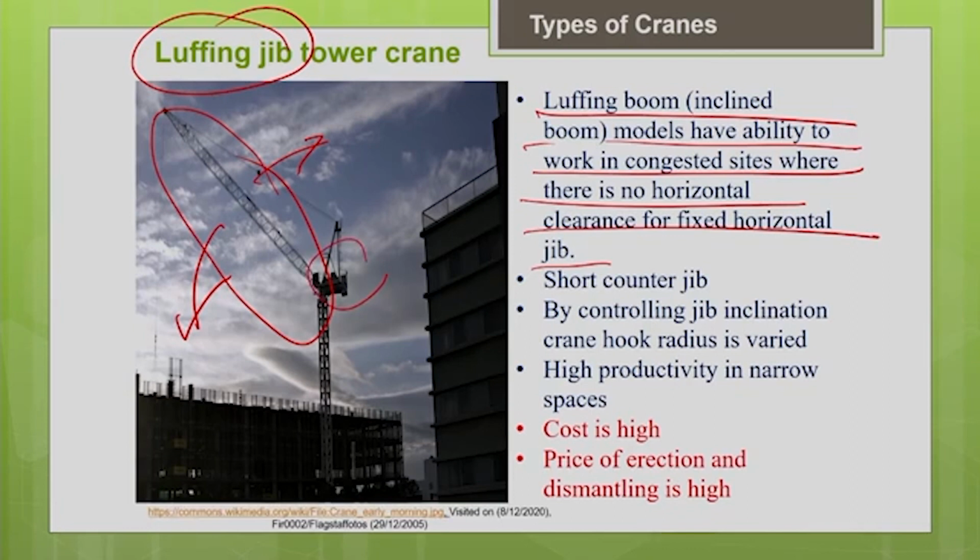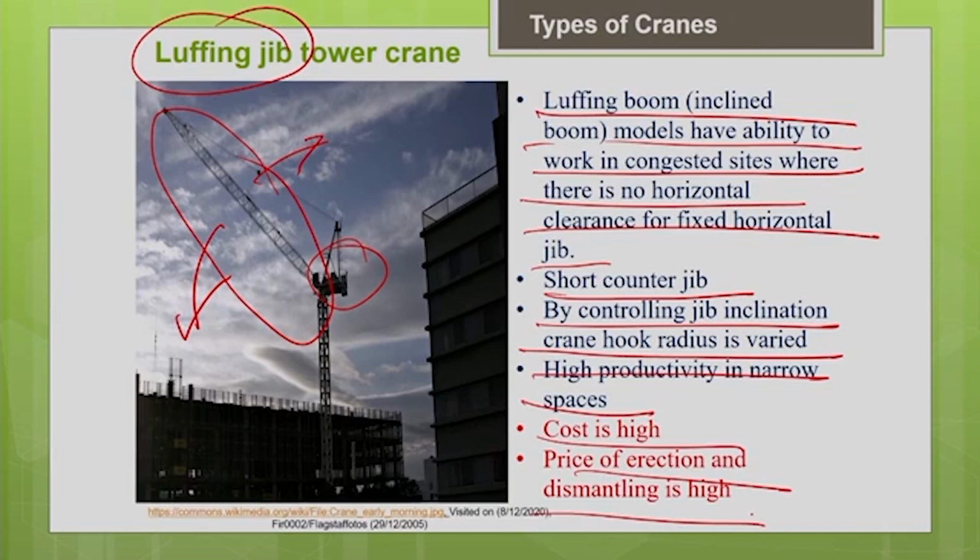You can note that it will have a shorter counter jib. By controlling the jib inclination, you can vary the hook radius or the load radius. Particularly in narrow spaces, this will give you higher productivity, but the cost is high. The erection and dismantling cost is also high for this particular crane.